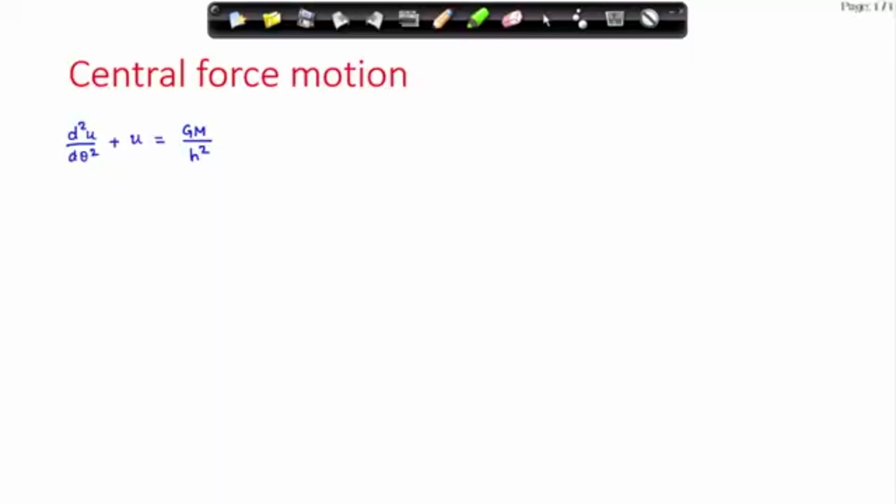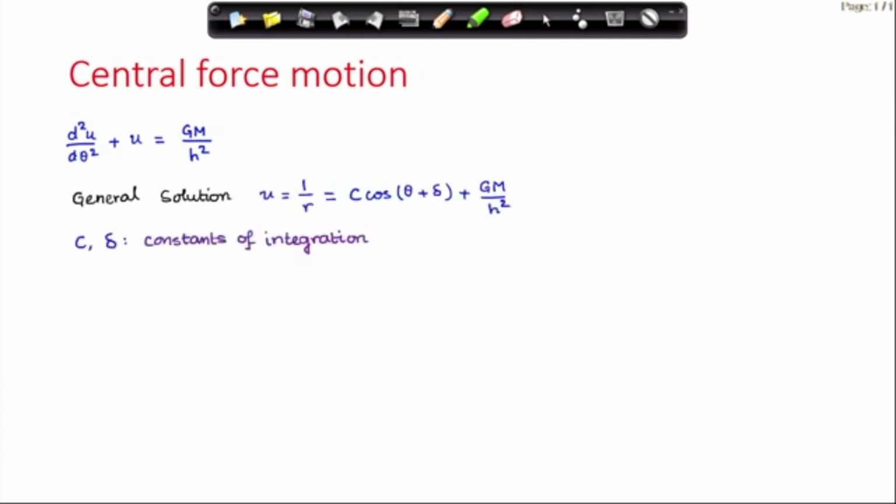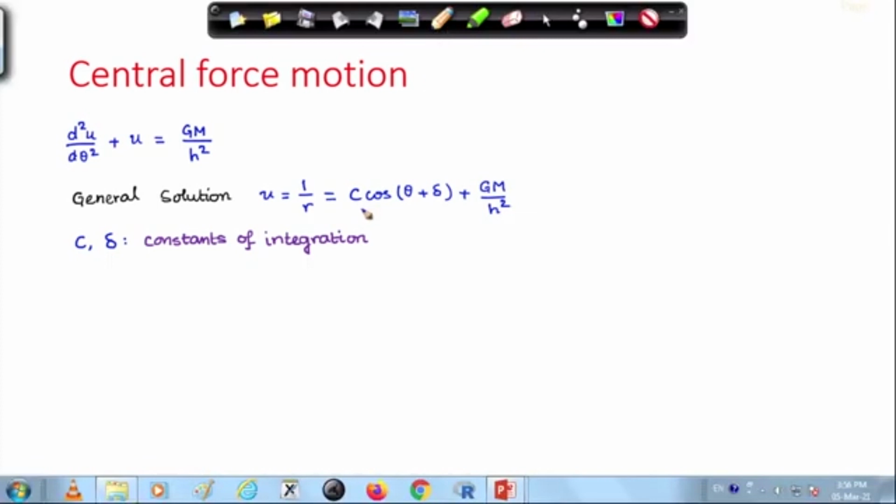Now, we will start by analyzing this differential equation. This is a second order linear ordinary differential equation, and we are going to solve it and look at its solutions and try to characterize them. The general solution can be written as some constant c times cosine of theta plus delta.